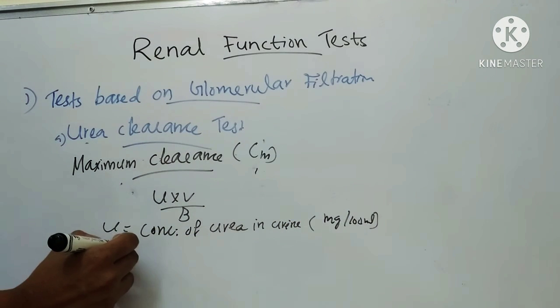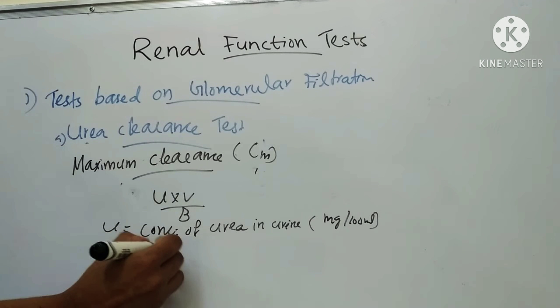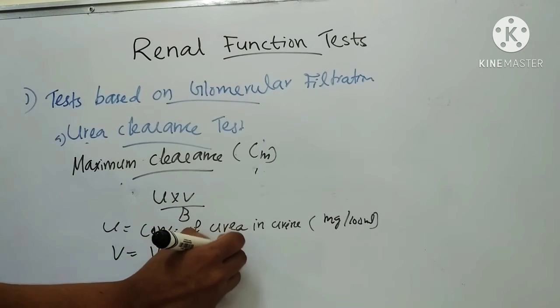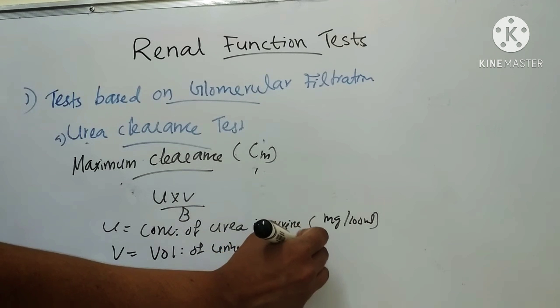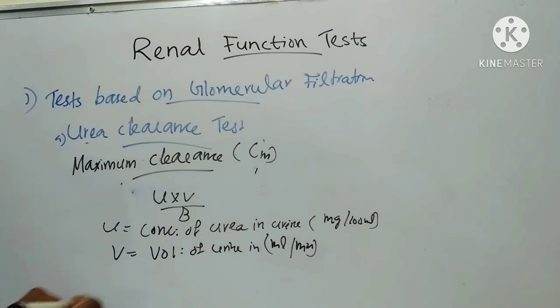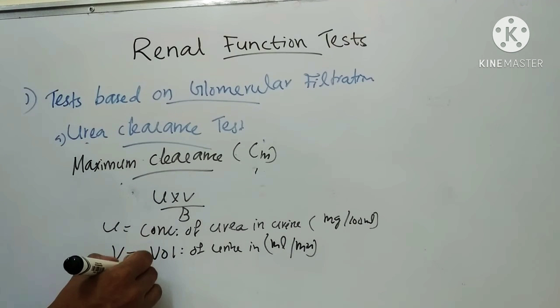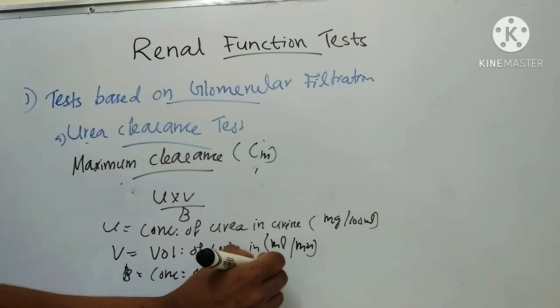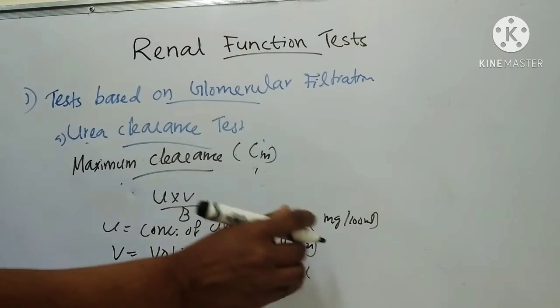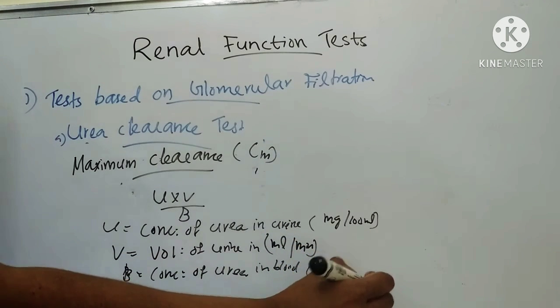V is the volume of urine in ml per minute. B is the concentration of urea in blood, in mg per 100 ml.